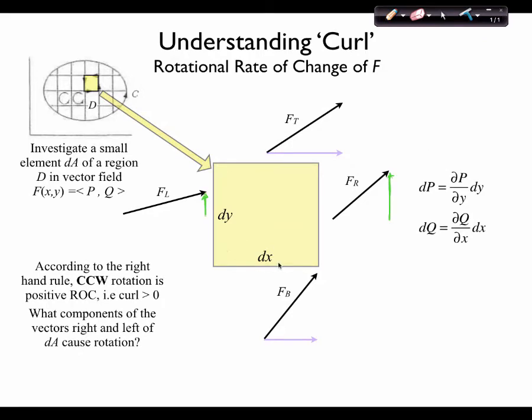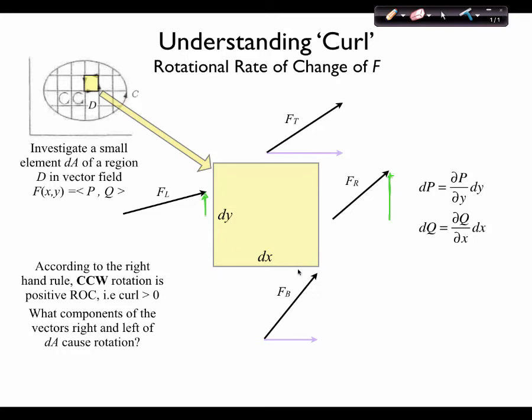So as X increases, if Q increases, that's what I'm showing: an increase in Q for an increase in X. Does that result in clockwise or counterclockwise rotation? If I've got more upward force on this side than over here, is that going to turn it clockwise or counterclockwise? Counterclockwise.